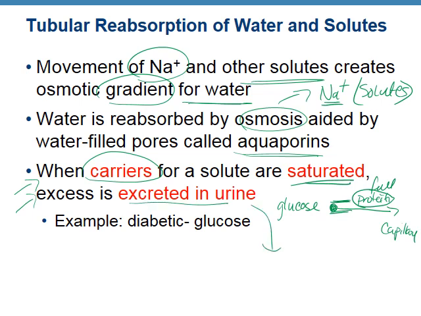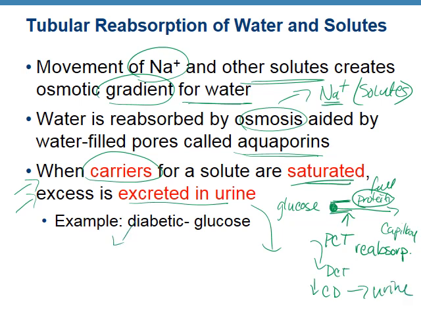Basically, we're talking here about the proximal convoluted tubule and reabsorption. So if the proteins are all filled with glucose, where's the excess glucose going to go? It's going to go to the distal convoluted tubule, then the collecting duct, and eventually it's going to go through the kidneys and be processed as urine.